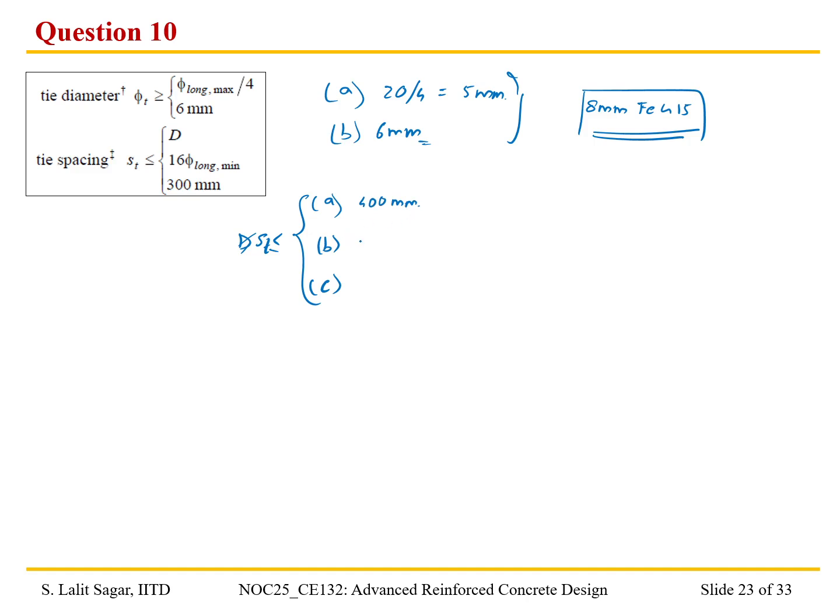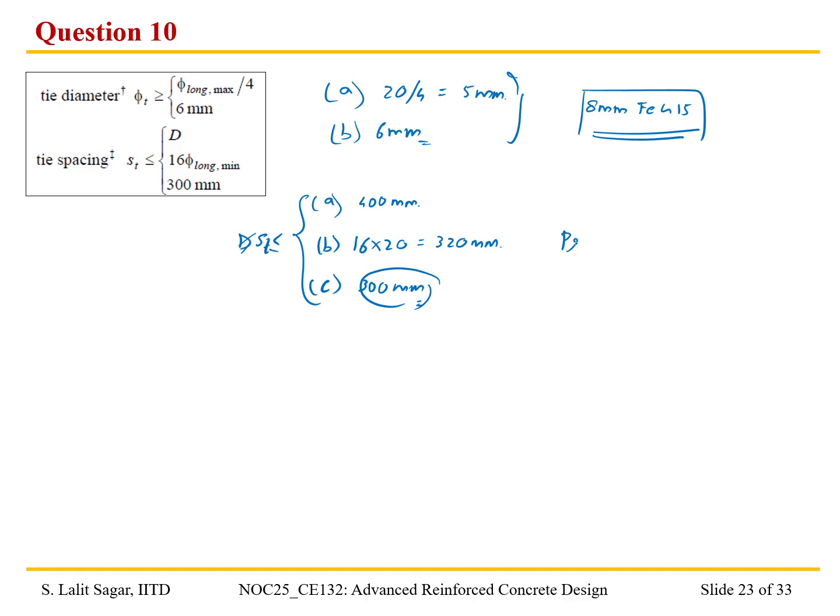The second part is 16 into the diameter of the longitudinal rebar having the minimum dia, that is 16 into 20, that is 320 millimeter, or it has to be at most 300 millimeter. Out of all these three values, we need to pick the lowest value, that is 300 millimeter.